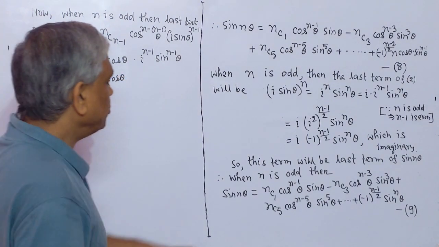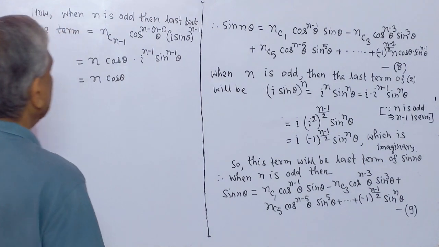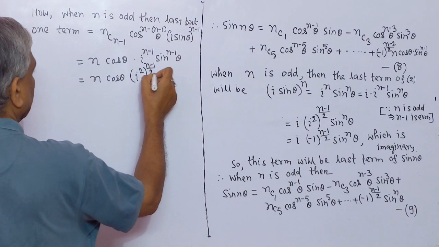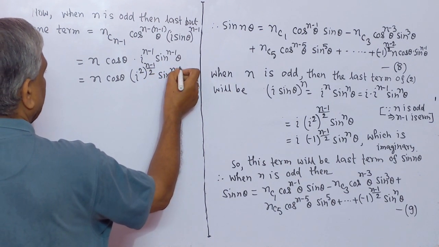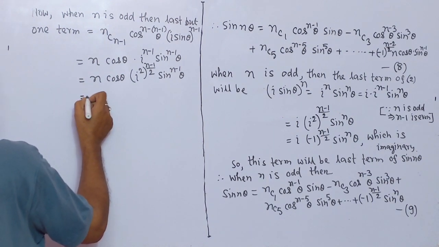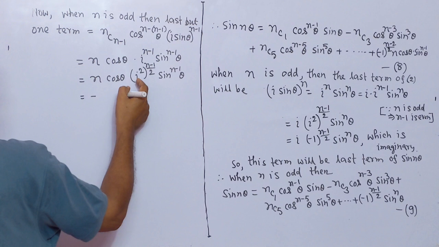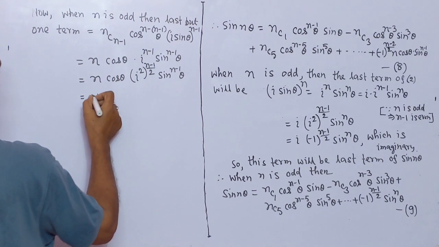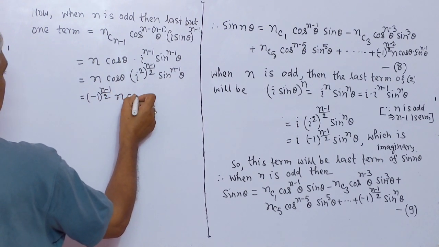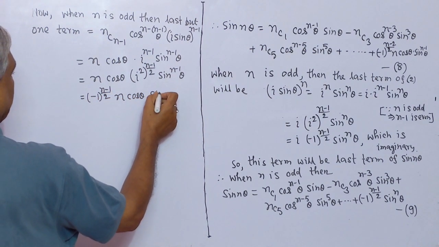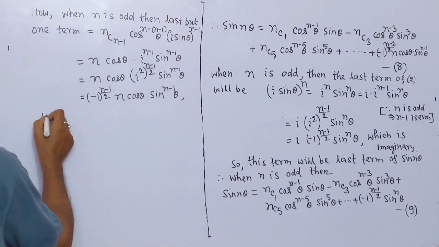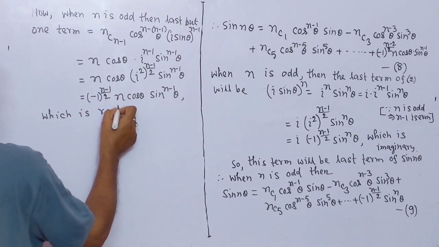Since n minus 1 is even, we may write (i square) to the power n minus 1 by 2 sin to the power n minus 1 theta, and this will be equal to minus 1 to the power n minus 1 by 2 n cos theta sin to the power n minus 1 theta, which is real.